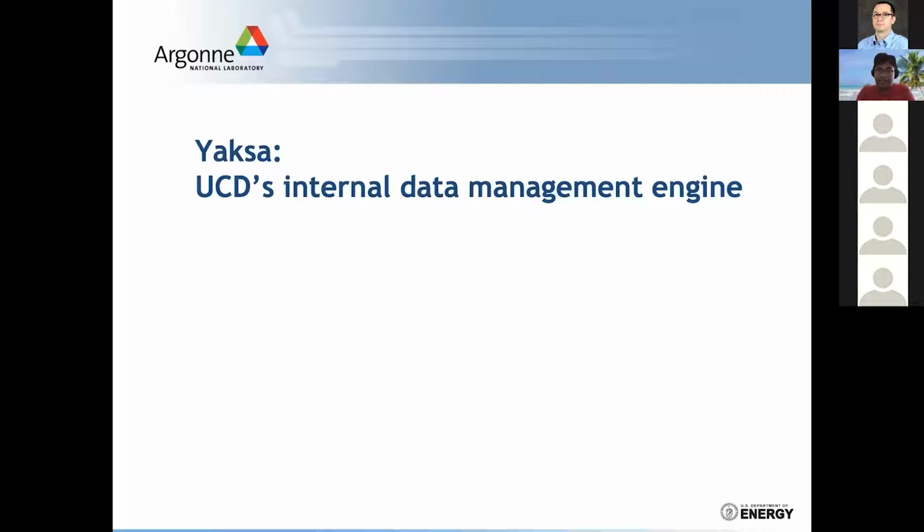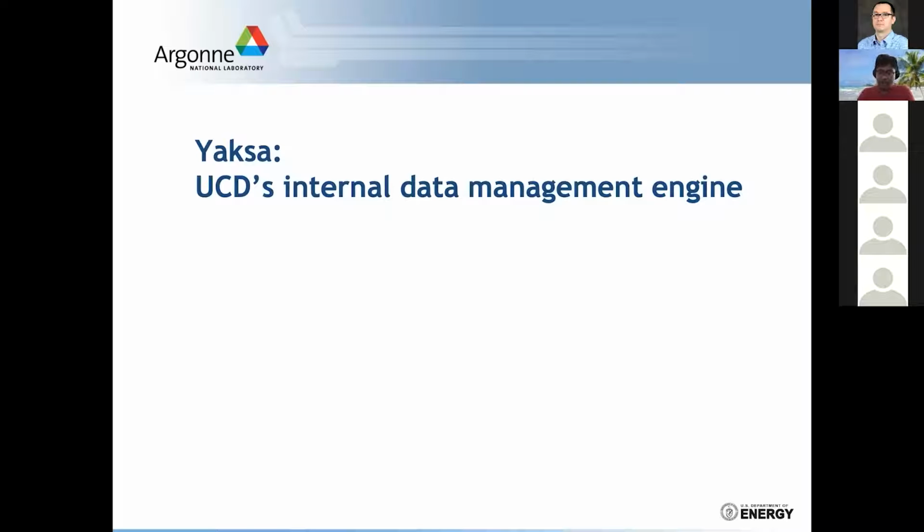Like I said earlier, UCD is mostly just a wrapper engine. Internally, it uses an external software called Yaxa to do the actual processing of the data. I'll talk a little bit about the Yaxa engine itself, what kind of features it supports, but this is mostly hidden from UCX.